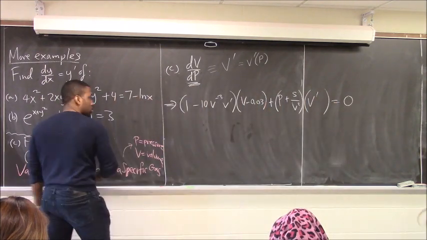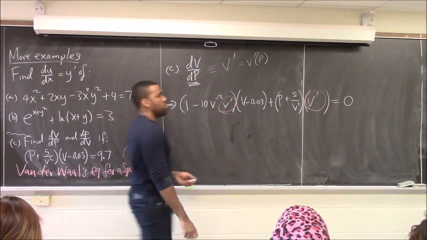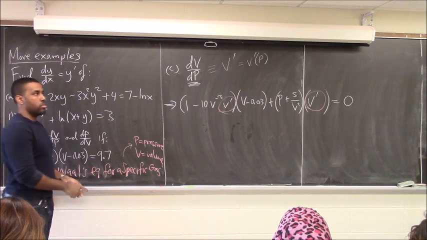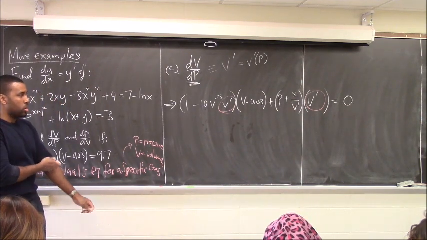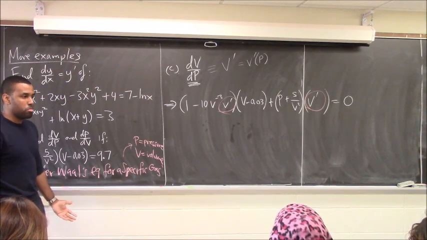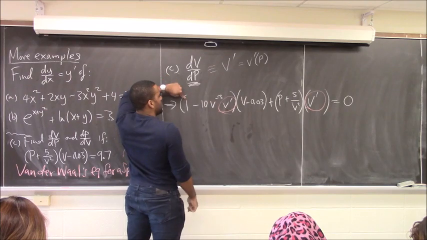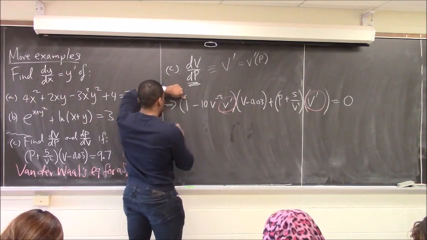And now, again, the goal is to find the v prime. And from here on out, it's just a matter of algebra. We've already done all the calculus. It's the first step. The algebra is most of the work here. So expanding these parentheses, 1 times everyone in there.